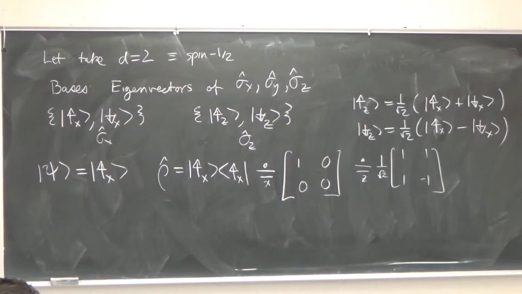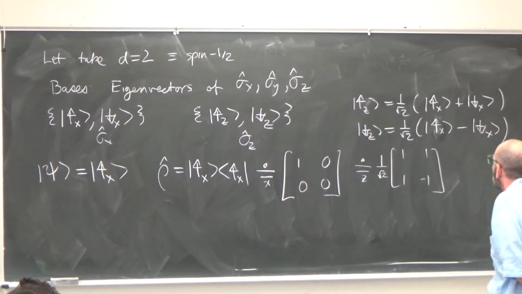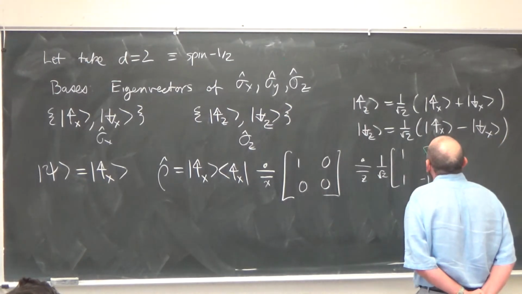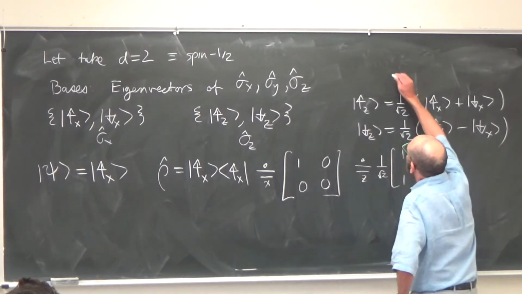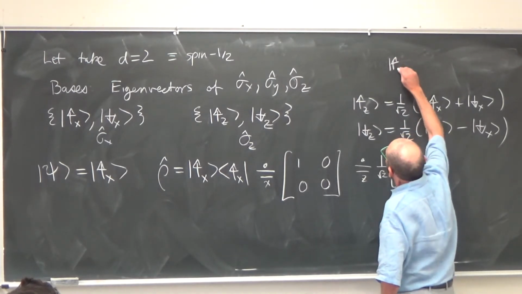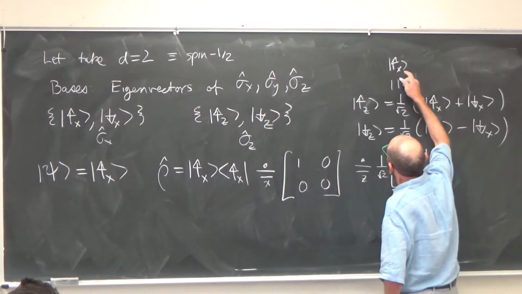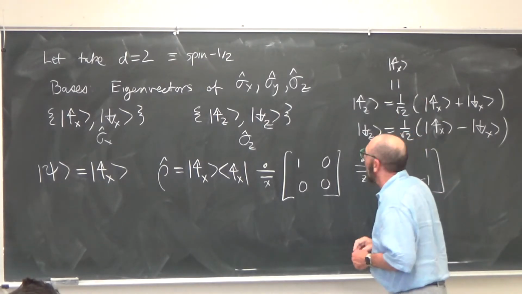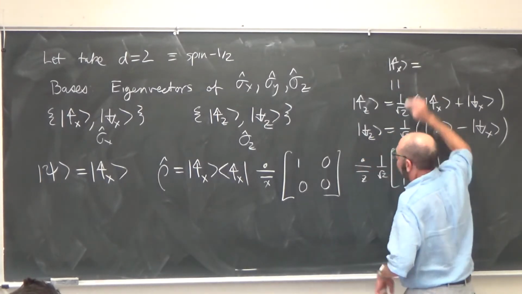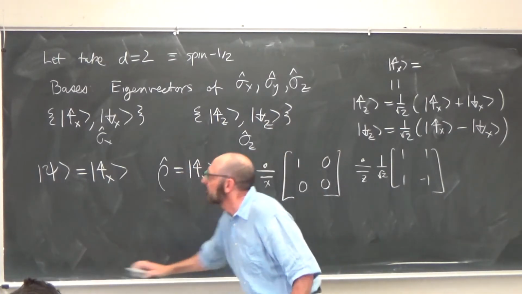Isn't that traceless? That's a problem, isn't it? So did I memorize something incorrectly here? Let's think about this. So we know that this is true. Yeah, I'm sorry. It was right the first time.